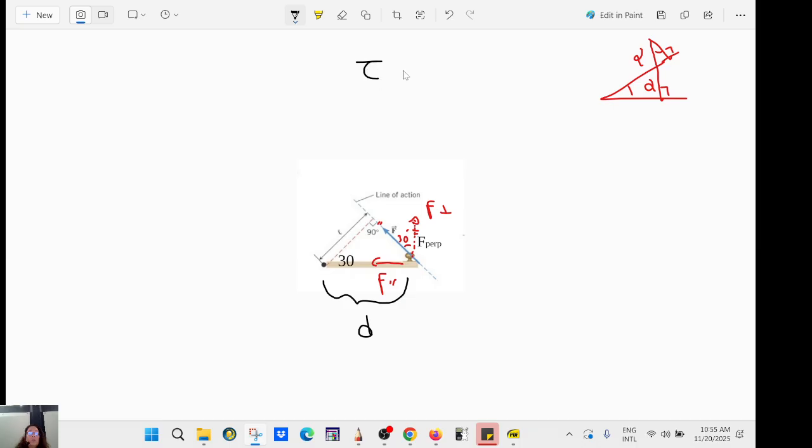The torque will be the perpendicular component times d. So sometimes it's cosine, sometimes it's sine, depends. You can use the trick, right? If you go from the positive x-axis, the y component is always sine, but that will be sine 60. So it will be F cosine 30 times d in magnitude, okay?